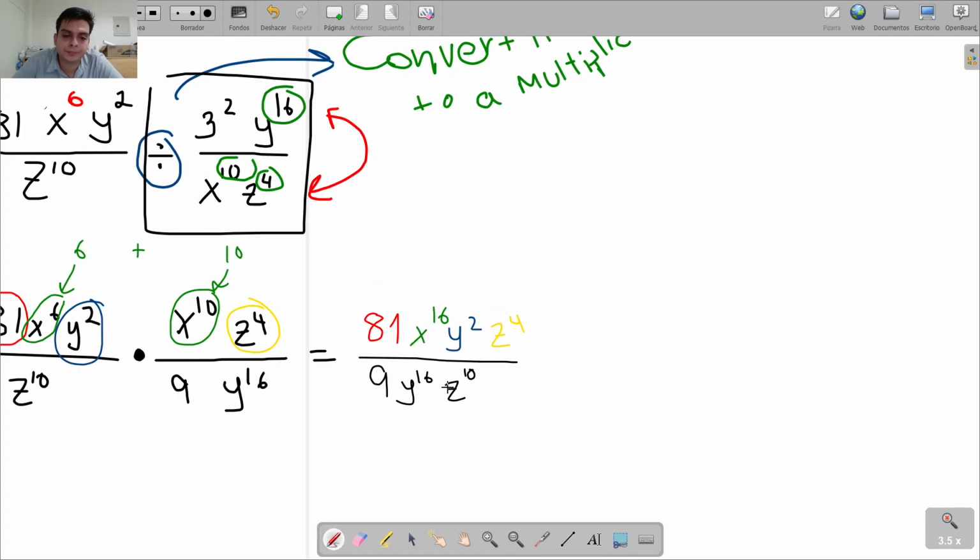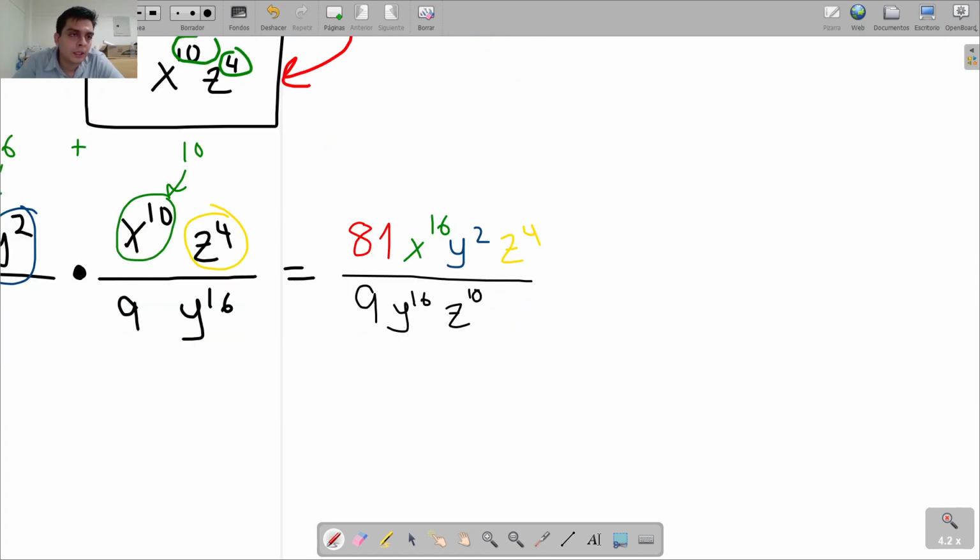It's better. Now, here we can simplify this. 81 divided by 9, we can simplify it, and it's going to be 9. Afterwards, this x to the power of 16 doesn't have anything else. We don't have another x, so we will leave it there.